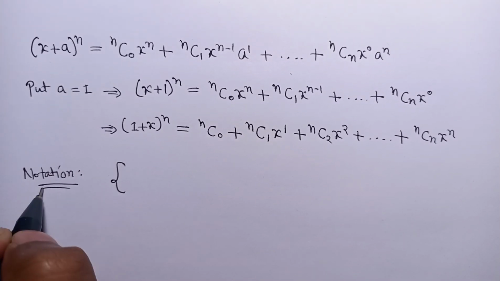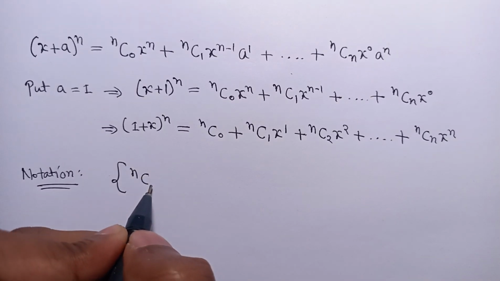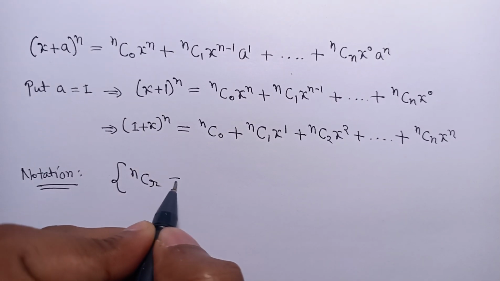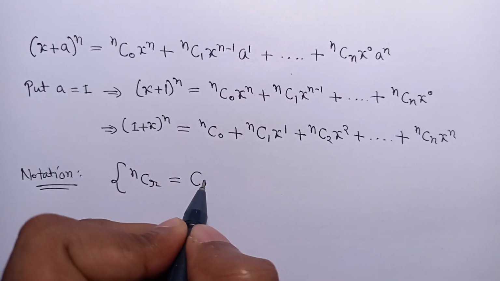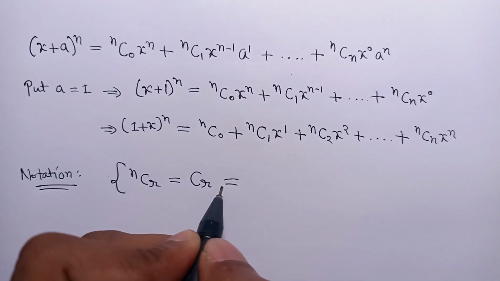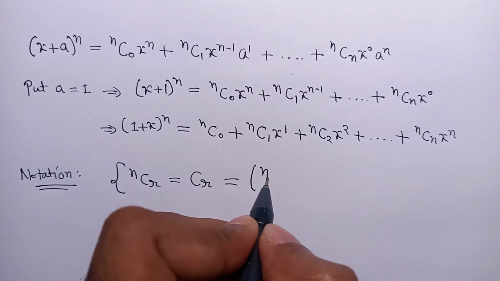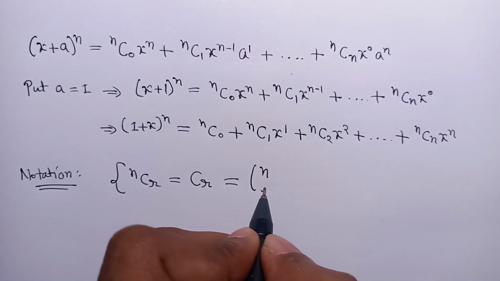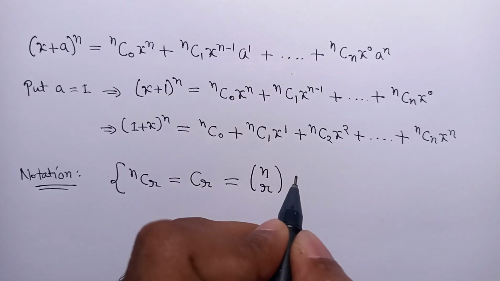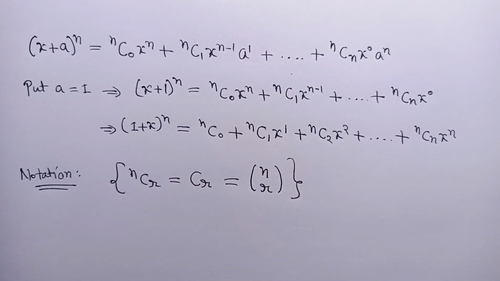So what are the notations? Your nCr is equivalent to C(n,r), this is notation, and this is also equivalent to this bracket of n, r. So these are three notations that you can use for nCr.